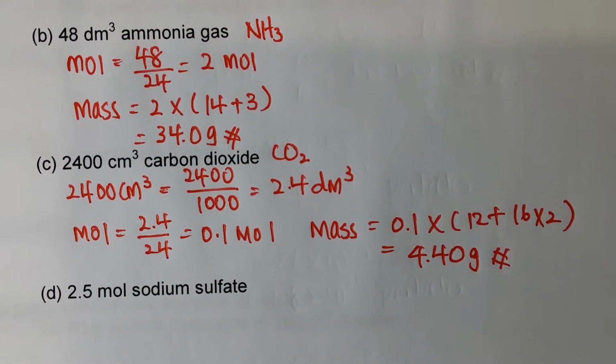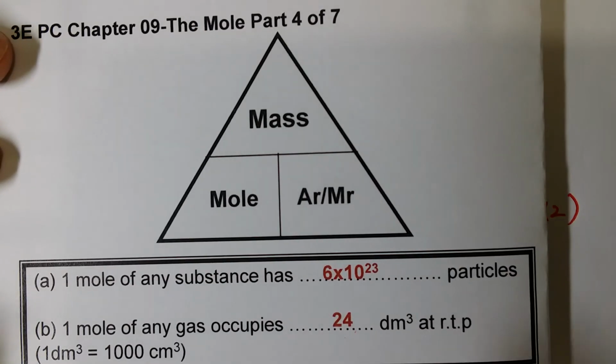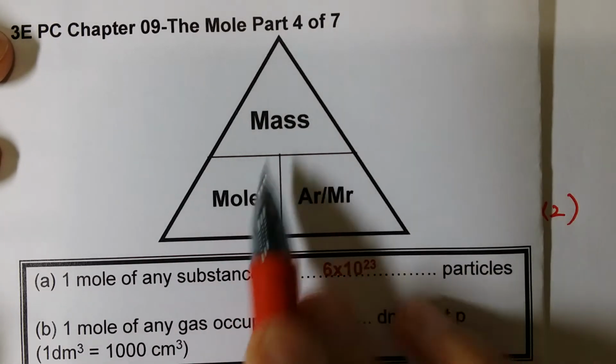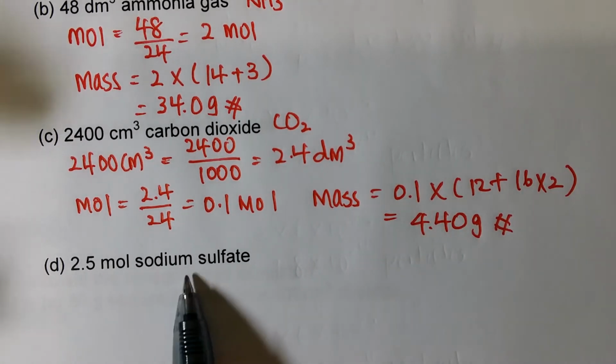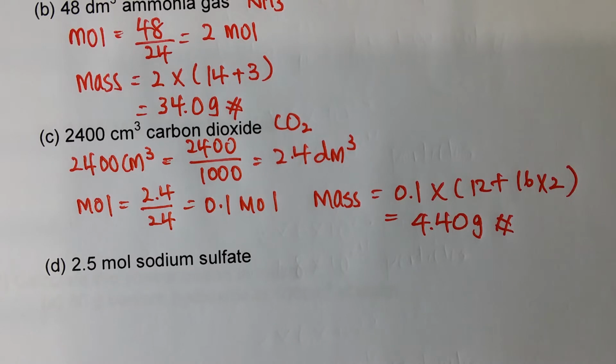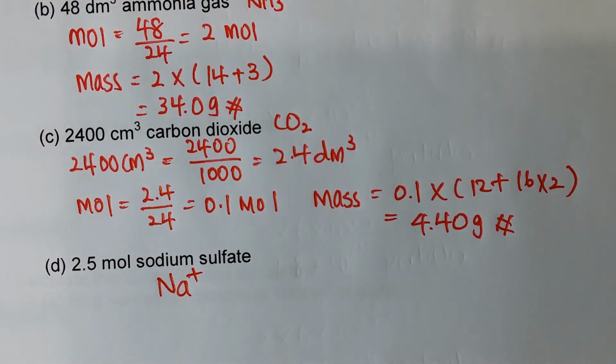Okay, 2.5 mole of sodium sulfate. So this is a one-step problem, because mass is just mole times the Mr. And in order to find the Mr, you have to find out what is the formula for sodium sulfate. So sodium sulfate is an ionic compound. For an ionic compound, you must know the formula of the ions first.